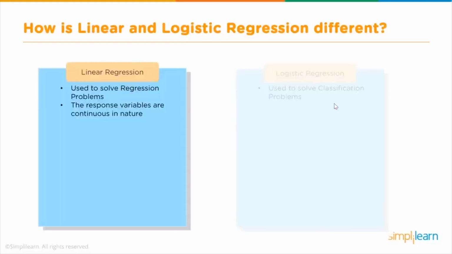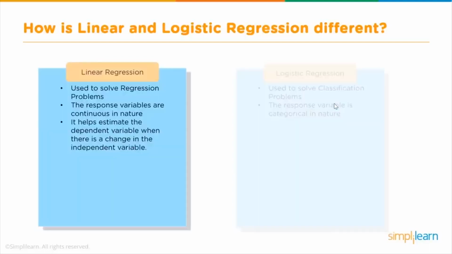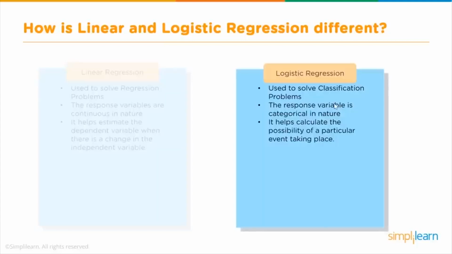The response variables in linear regression are continuous in nature, whereas here they are categorical or discrete in nature. Linear regression helps to estimate the dependent variable when there is a change in the independent variable, whereas logistic regression helps to calculate the probability of a particular event happening.